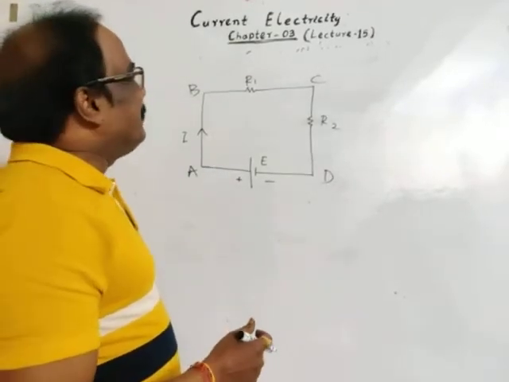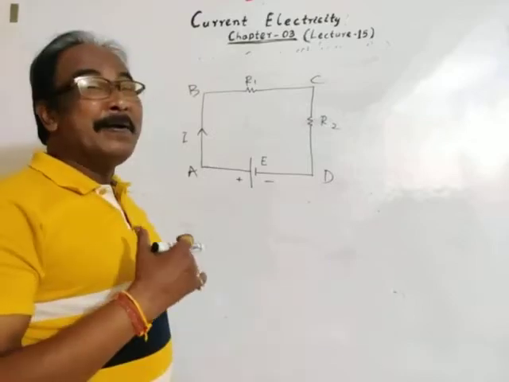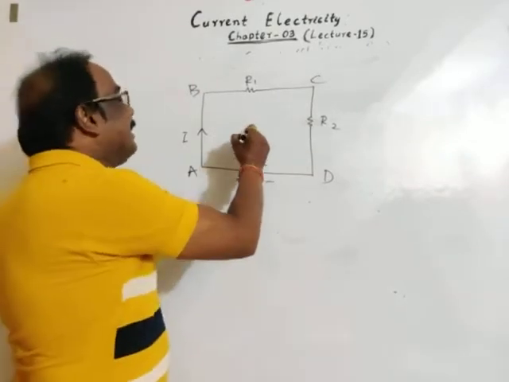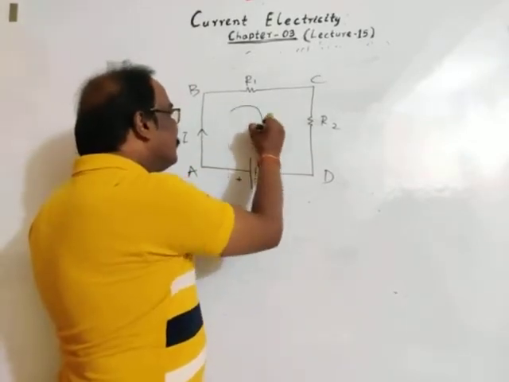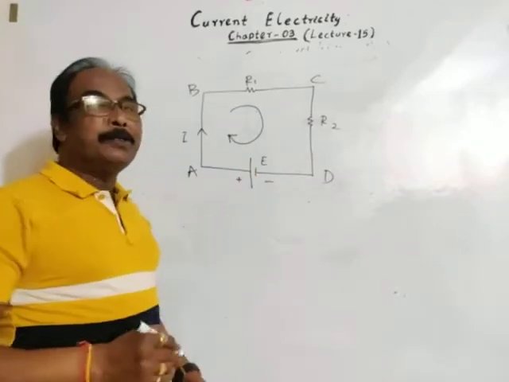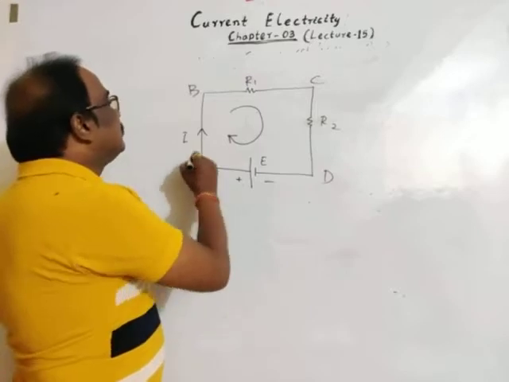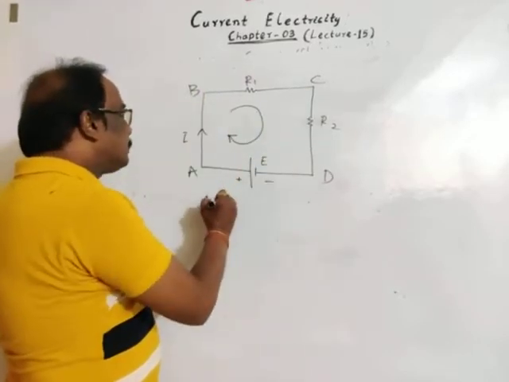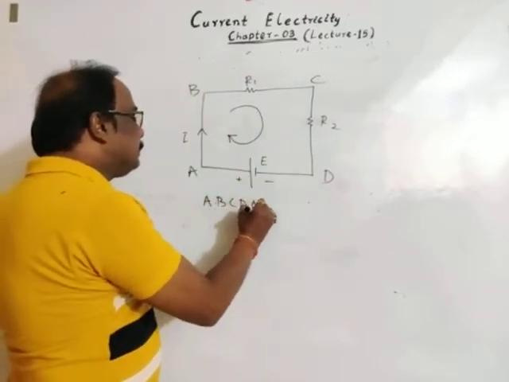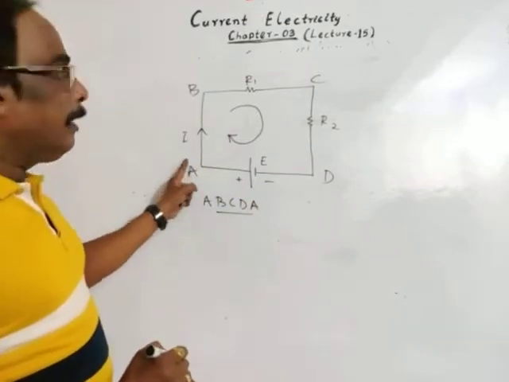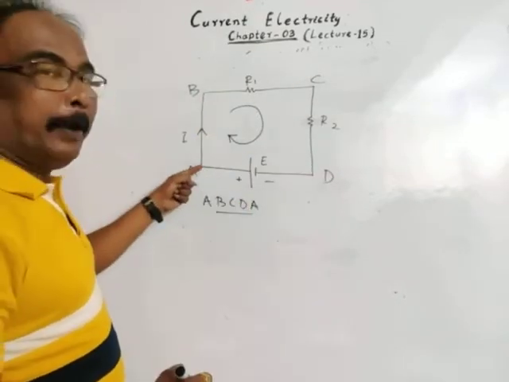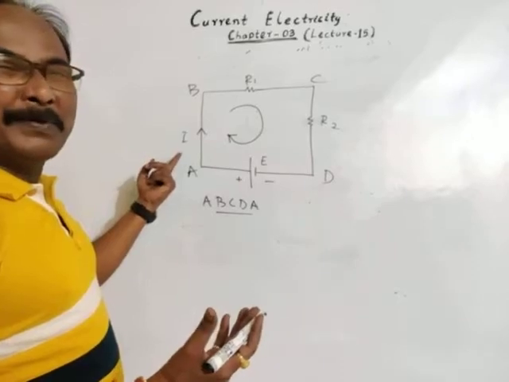For a closed path of circuit, you may take clockwise order. I am writing the closed path clockwise: A, B, C, D, A. Starting from A, I return back to A, so the circuit is closed.